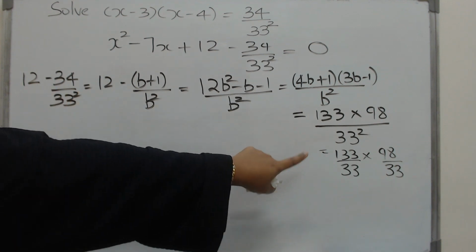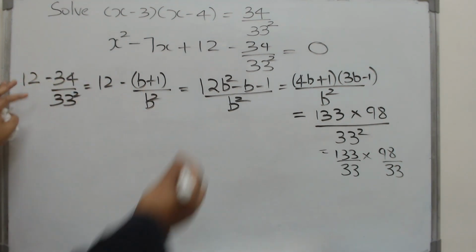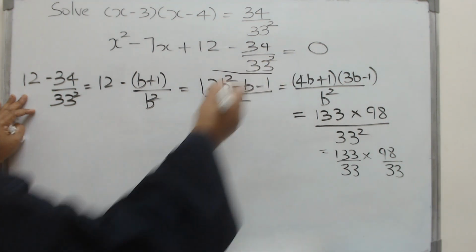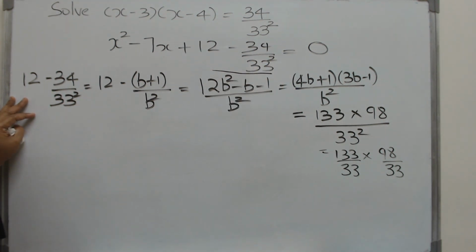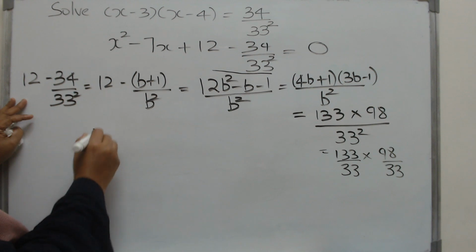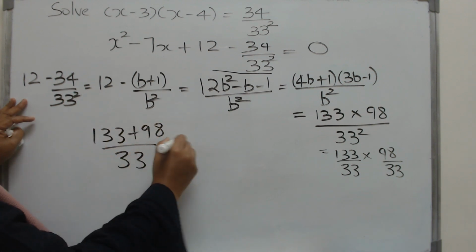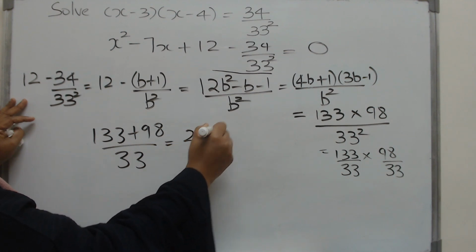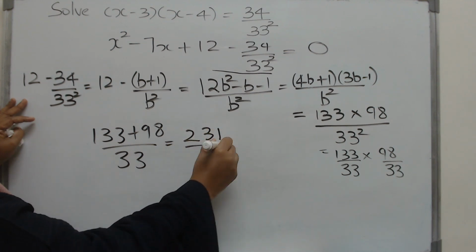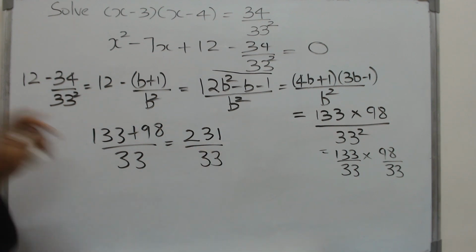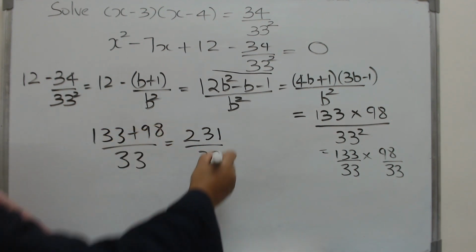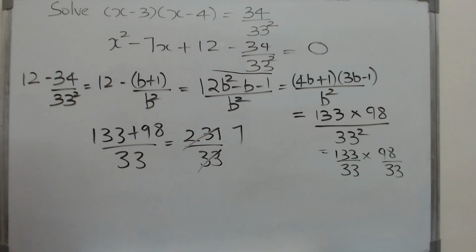So these two numbers multiplied will give you this constant term here, but then added, will they give you a 7? You can see for yourself, add them and you will see that it comes up to 231 by 33. So you will see that this does give you 7.